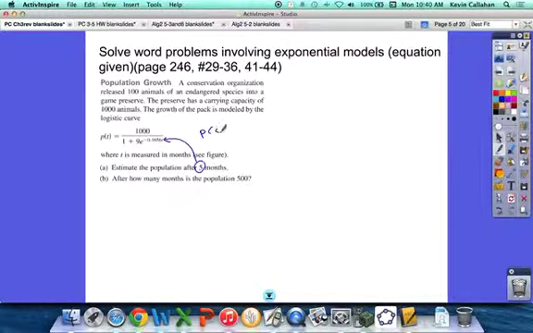So P of 5 equals 1,000 divided by 1 plus 9e to the negative 0.01656 times 5.